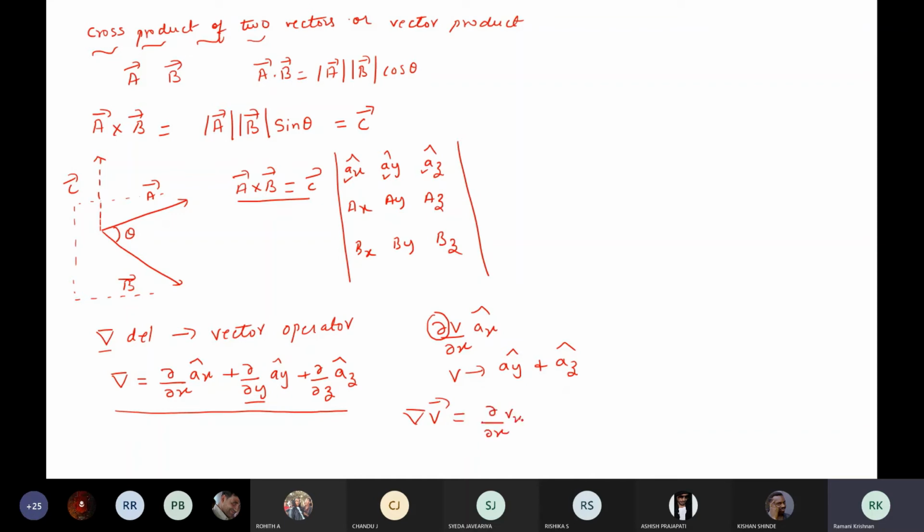It means dou by dou x of vx, ax cap, plus dou by dou y of vy, ay cap, plus dou by dou z. Instead of writing this lengthy equation, I can just write del v. Simple. So del means this in the direction, this in the direction, with the respective quantities. Any doubt?